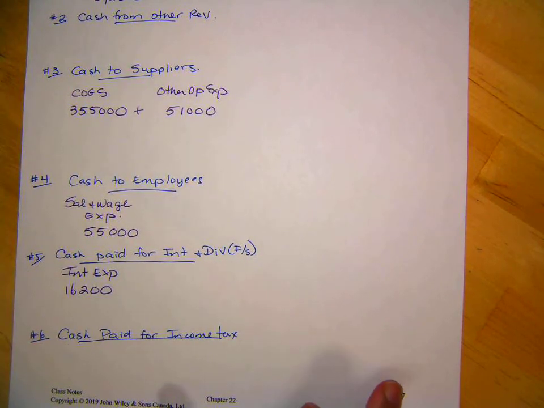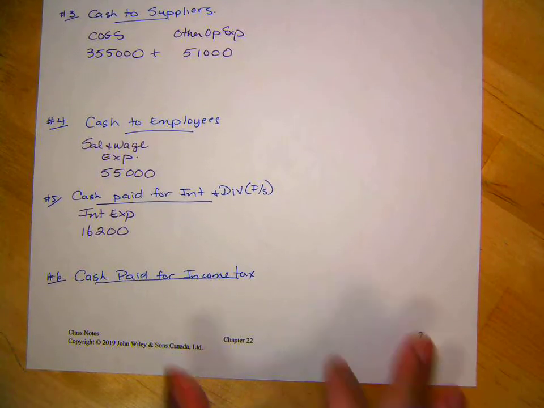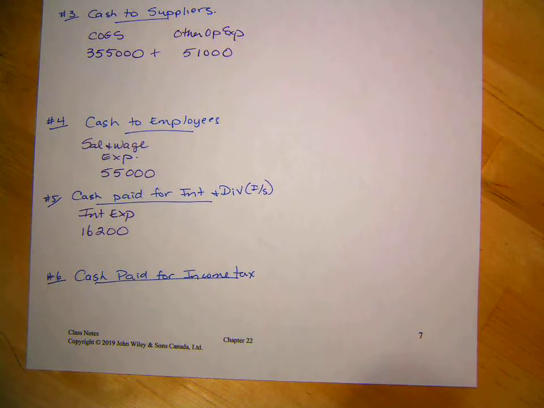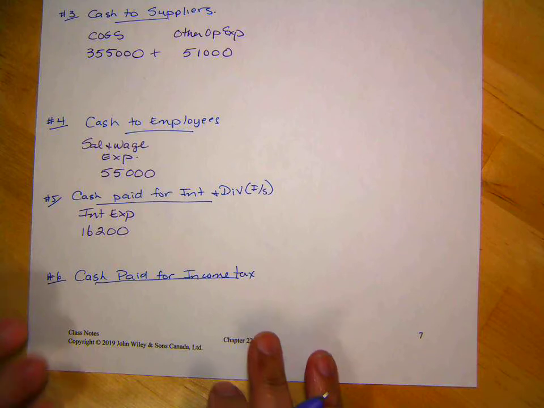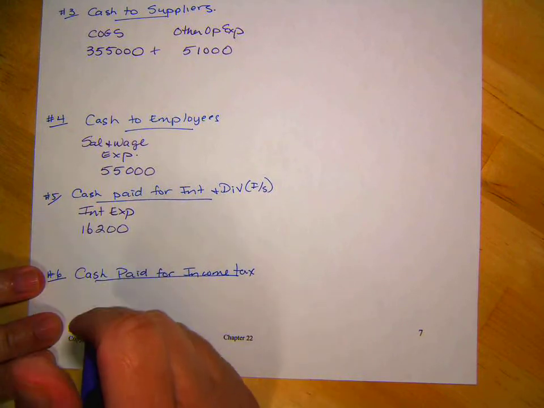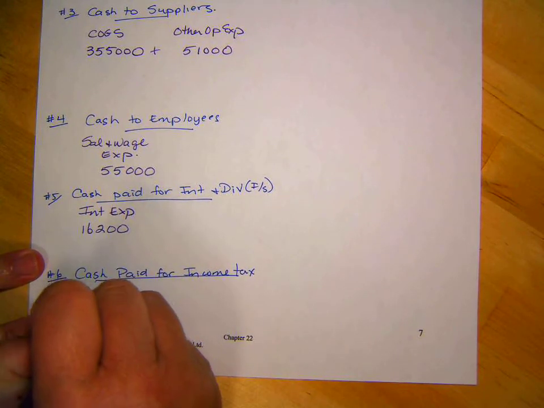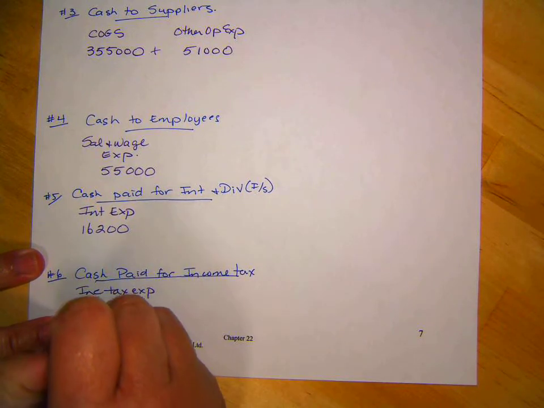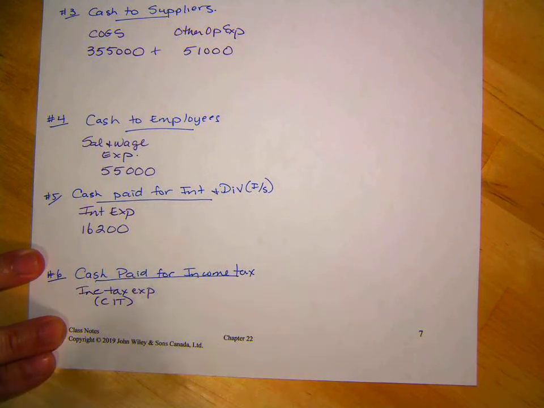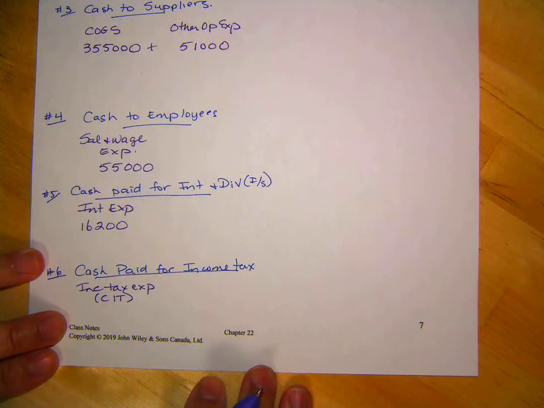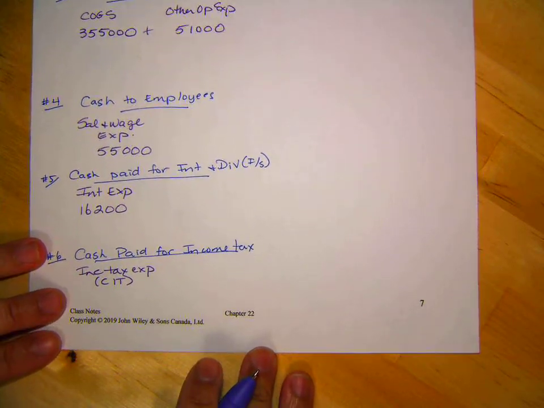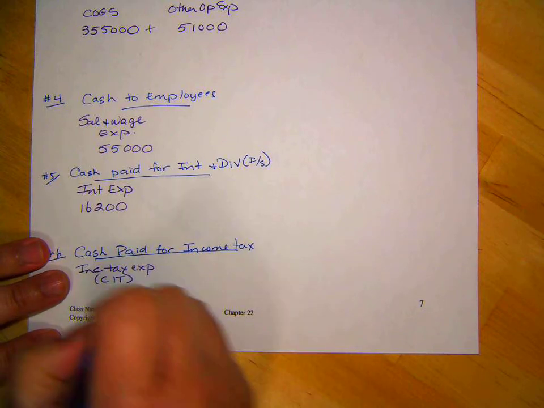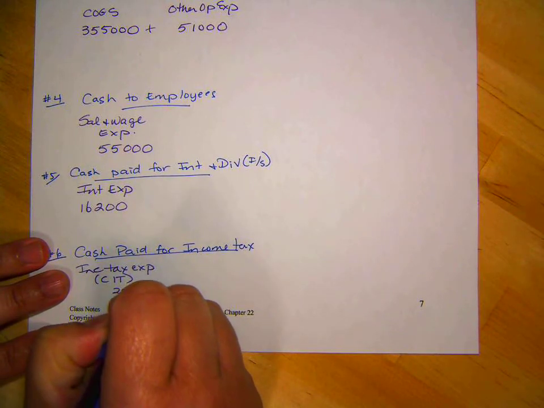Now, the very last one that you don't want to overlook is our income tax expense, and that goes in section 6. So income tax expense, which, just so you remember, is CIT, because FIT wouldn't go here. We'd be ignoring FIT because it's non-cash, and that's $39,900.